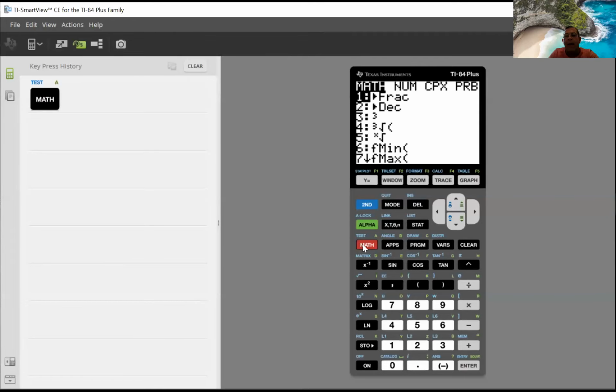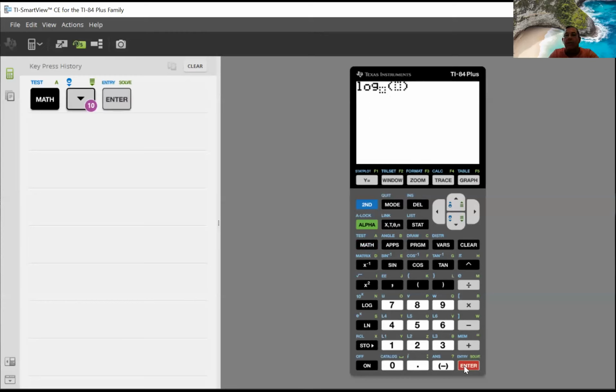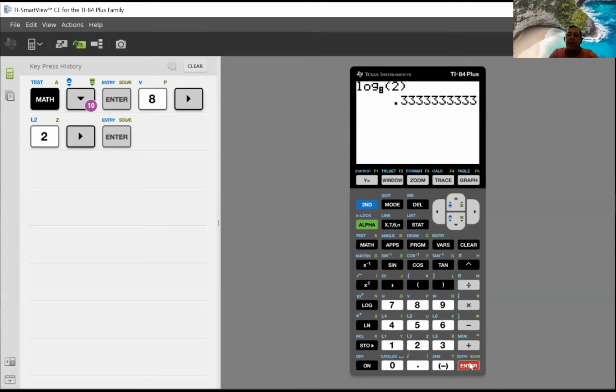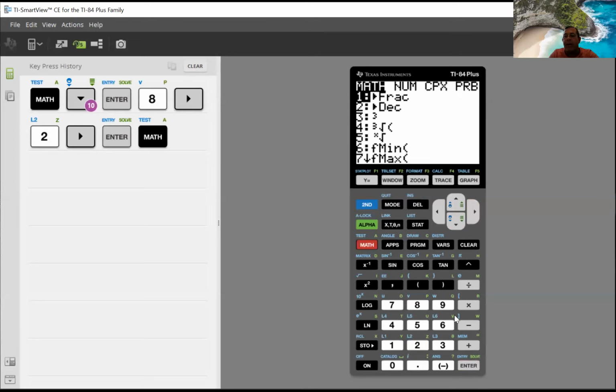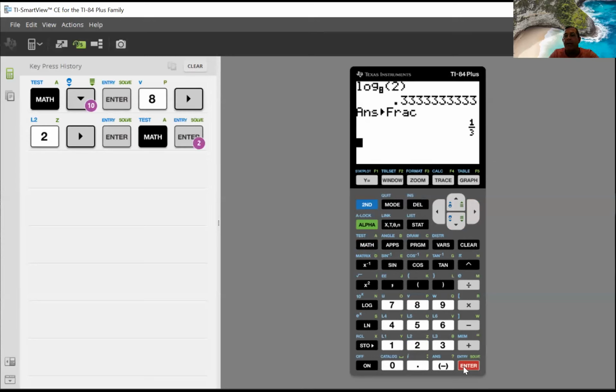I'm going to hit math, and I'm going to go down to log base. I'll hit enter on log base. So my base was an 8. My result was a 2. So when I hit enter, I get 0.333. But remember, we need to turn that into a fraction. And that gives us 1/3.